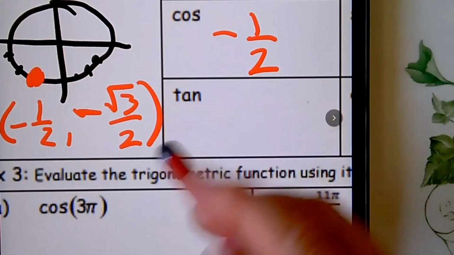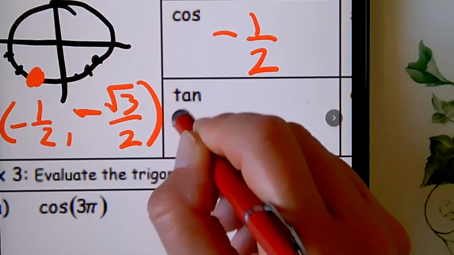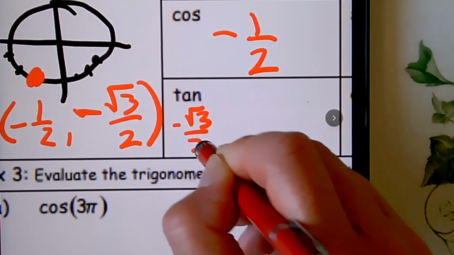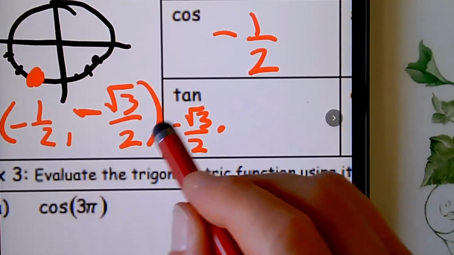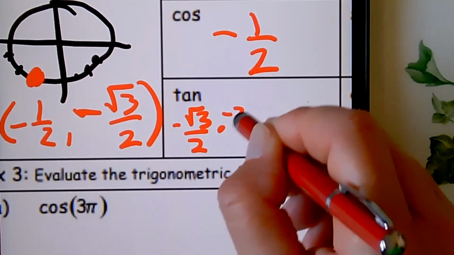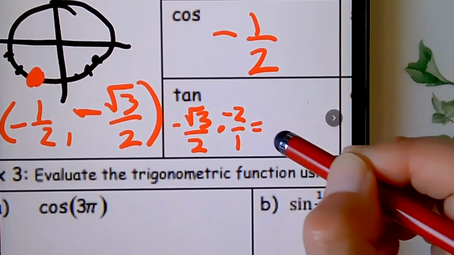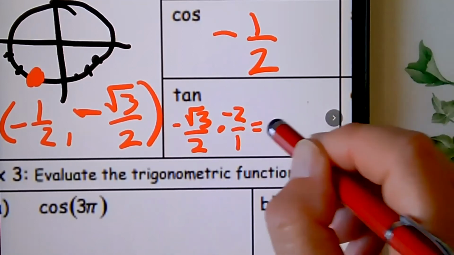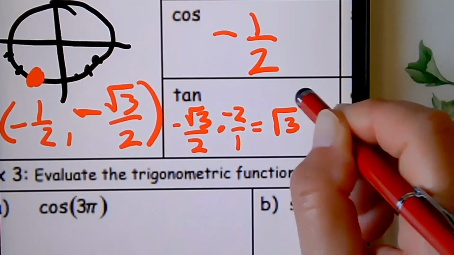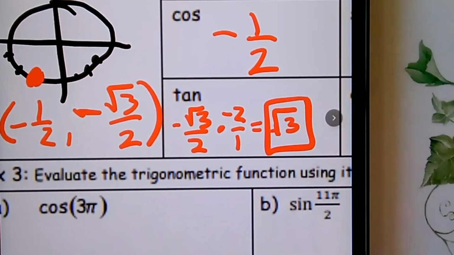So I'm going to take negative root 3 over 2, and I am dividing it by a negative 1 half, which means I multiply by the reciprocal. My 2's cancel out. Negative times negative is a positive, and I get a positive root 3. That is my tangent. Okay.